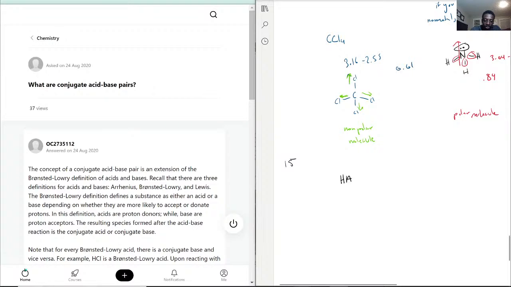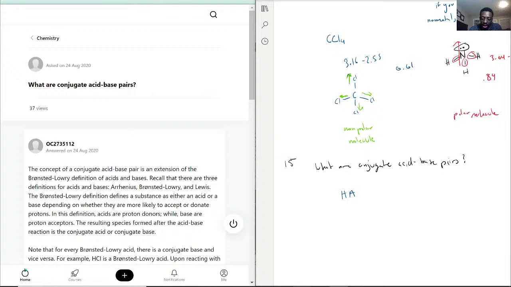HA, actually let me just write the question first. What are conjugate acid base pairs? Okay, so with that being said, I like personally to just use this formula, okay?